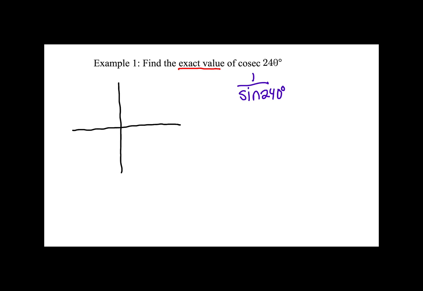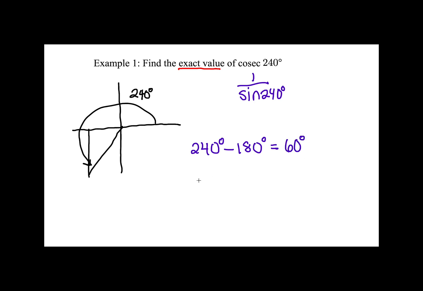So 240 degrees takes us into the third quadrant. This in itself isn't that helpful, but if we find our reference angle by subtracting 180 from 240, we get a reference angle of 60 degrees.